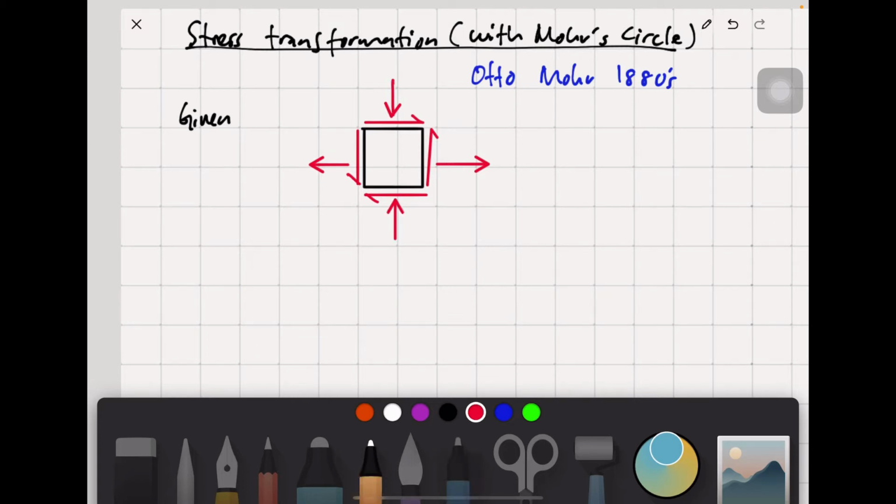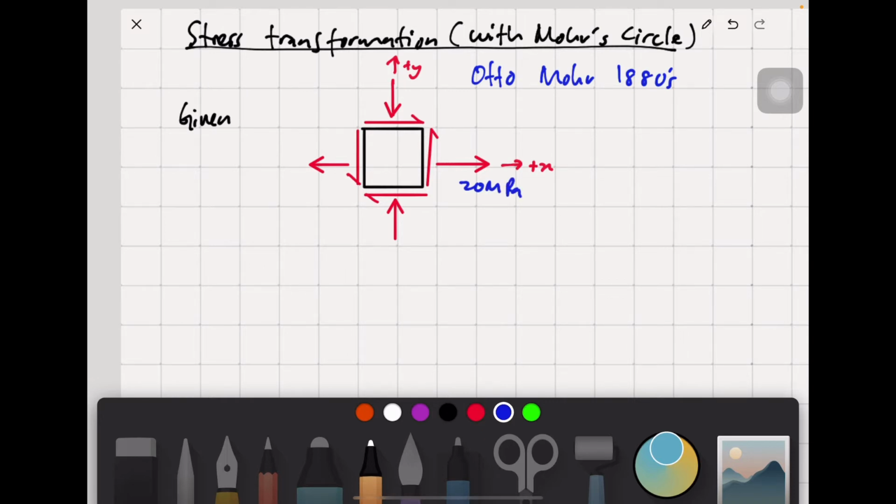Alright, and we have a positive axis of x, a positive y, and I'm going to plug in all the values over here. They are 20 megapascal for sigma x.